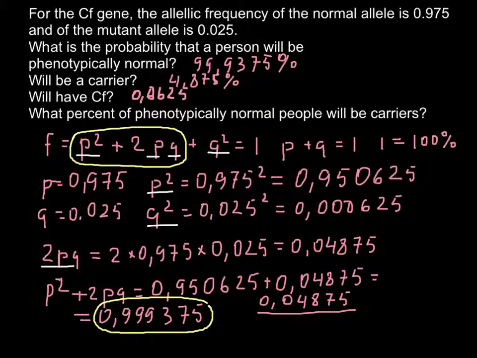So this is p squared, homozygous dominant, and heterozygous.